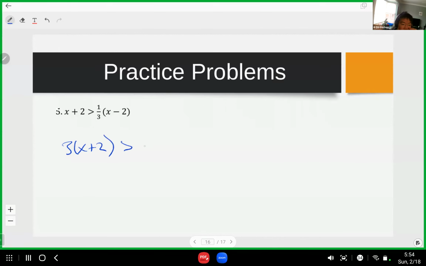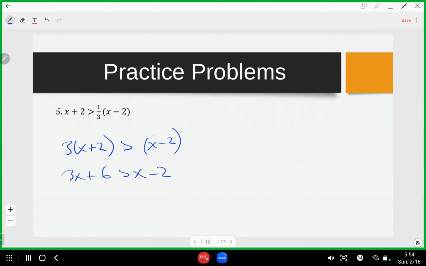And I got 3x plus 6 is greater than x minus 2. That's correct. I subtracted x from both sides. Yes. 2x plus 6 is greater than -2, and then I added 6 to both sides, so 2x is greater than 4, and then do the division, and x is less than 2.